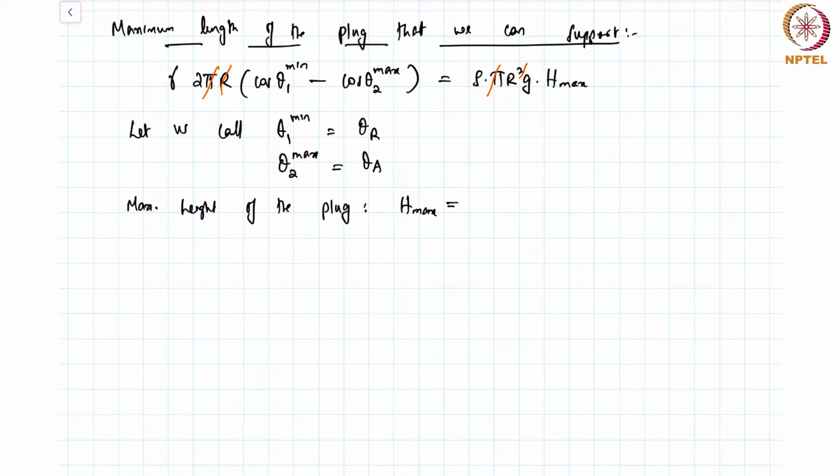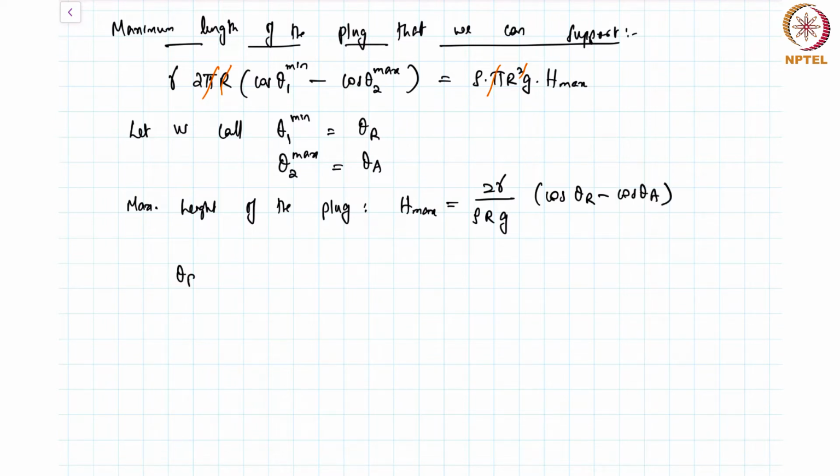I simply have 2 gamma divided by rho R g times cosine of theta R minus cosine of theta A.